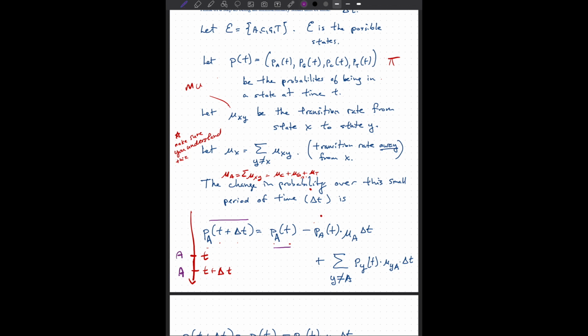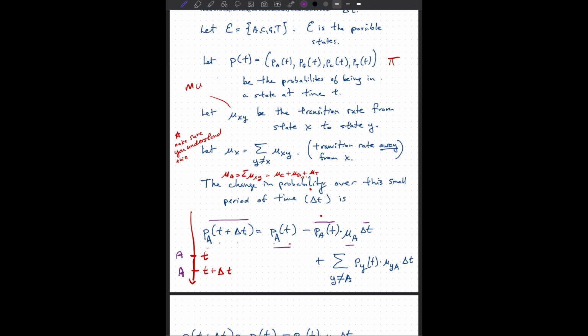Now I subtract off the probability that I leave state A. Between this point and this point, I might have left state A, I might have mutated away, and that's equal to the probability that I was in state A at time t times the probability, the event that occurs, it's multiplication, mu sub A over delta t, over that time interval.